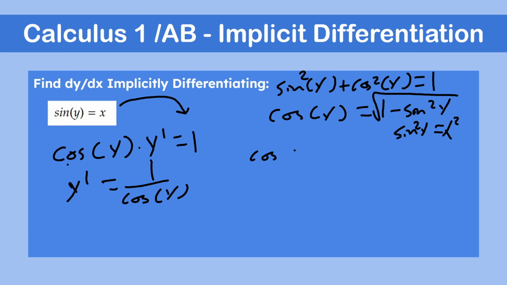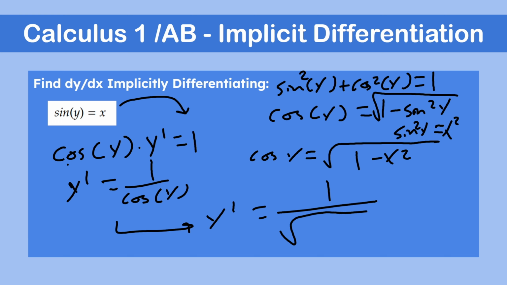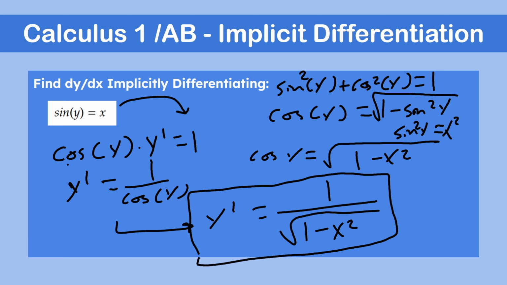So you can say that cosine y is equal to the square root of 1 minus x squared, which means the actual derivative will be 1 over the square root of 1 minus x squared. This is how you get the inverse function derivatives, but I'm only going to be doing this for this problem. But this is the method to proving it.